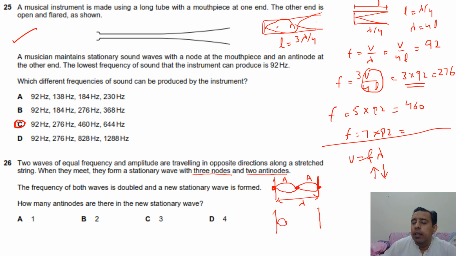Instead we must have four loops here because the wavelength is reduced. This is now equal to lambda. So here we have to write the number of antinodes. Antinodes is 1, 2, 3 and 4. So option D is correct.